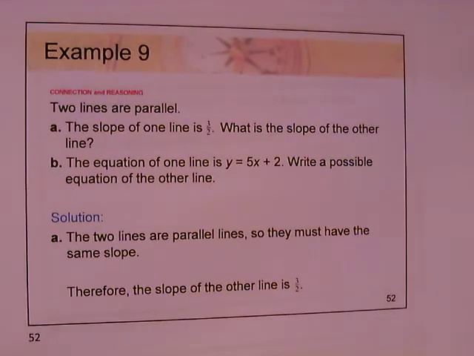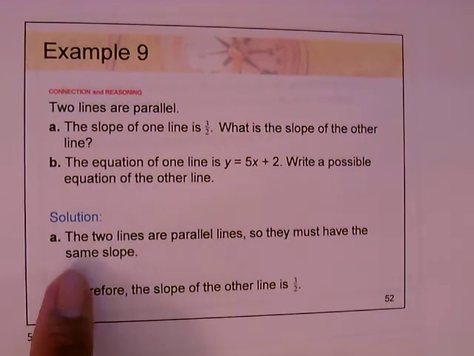Now, in this example, two lines are parallel, and in part A, the slope of one line is 3/2. What is the slope of the other line? And in part B, the equation of one line is y equals 5x plus 2. Write a possible equation of the other line.